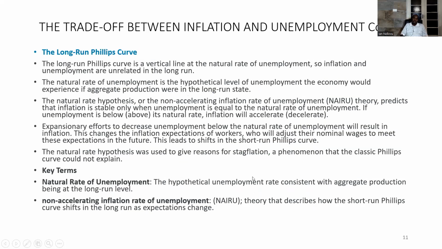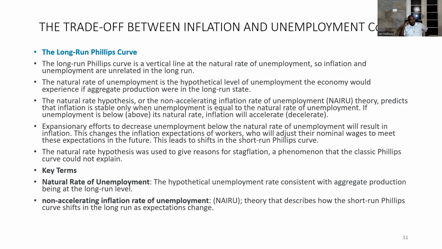Now we want to examine the long-run Phillips curve. The long-run Phillips curve is a vertical line at the natural rate of unemployment, which is such that the inflation rate and the unemployment rate are unrelated. We wouldn't expect the short-run relationship to exist in the long run. So the relationship between the two variables would actually break down.